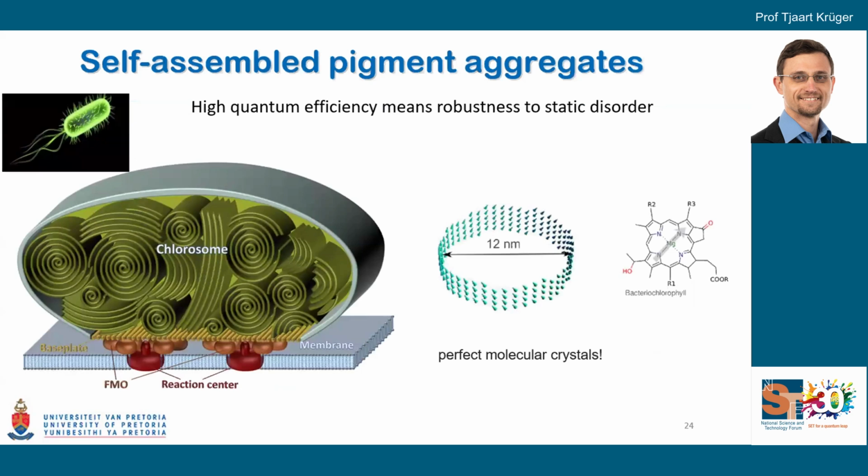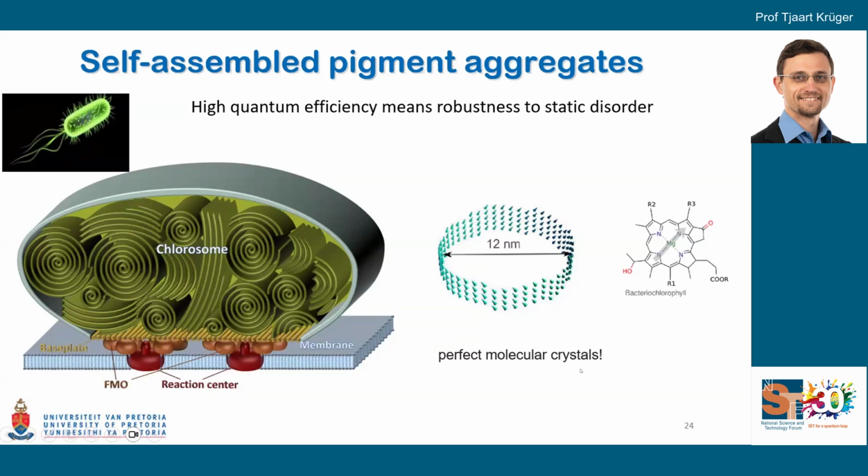And so the light harvesting system in this case doesn't contain proteins, but just self-assembled pigments, bacterial chlorophylls, which are very similar to chlorophylls. And they form a very specific mesoscopic structure and also molecular structures. On the molecular level, you have perfect molecular crystals.